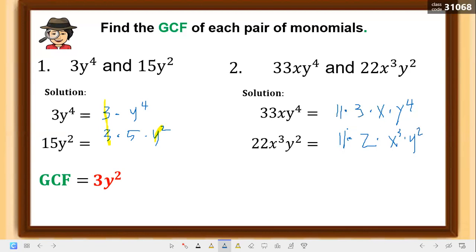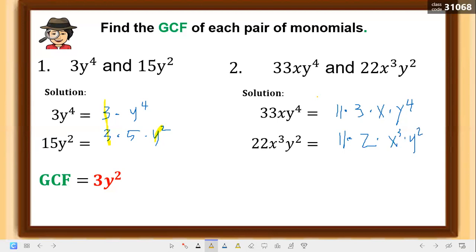Therefore, can you identify now the common or the GCF? 11xy raised to 4 po. Meron po bang over yung ating GCF?